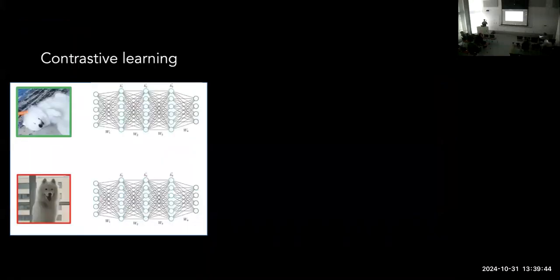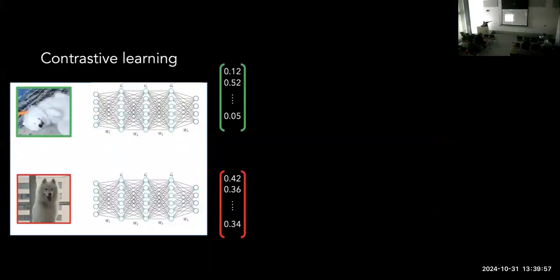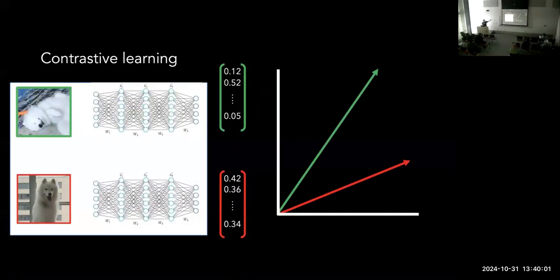learn something. What we're using is something called contrastive learning, if you have heard of that one specifically. So say we have this very beautiful Samoyed, and we pass it through our network, and we get two embedding vectors for it. If I plot them here, it's two-dimensional. Typically these vectors are like 100-dimensional, but here it's two-dimensional.